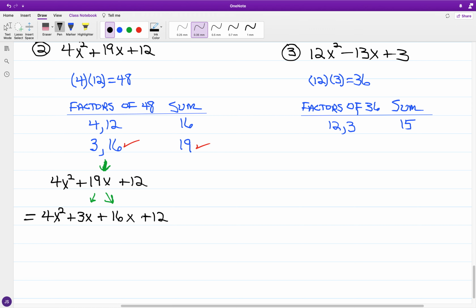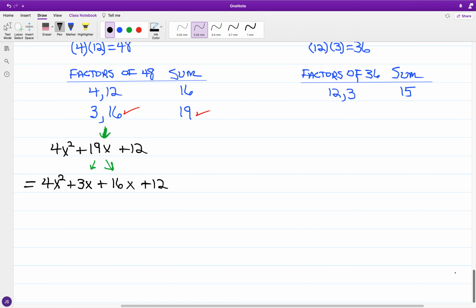And upon splitting up the middle term, we're ready to group the first and the last pairs in parentheses. So we have 4x squared plus 3x.